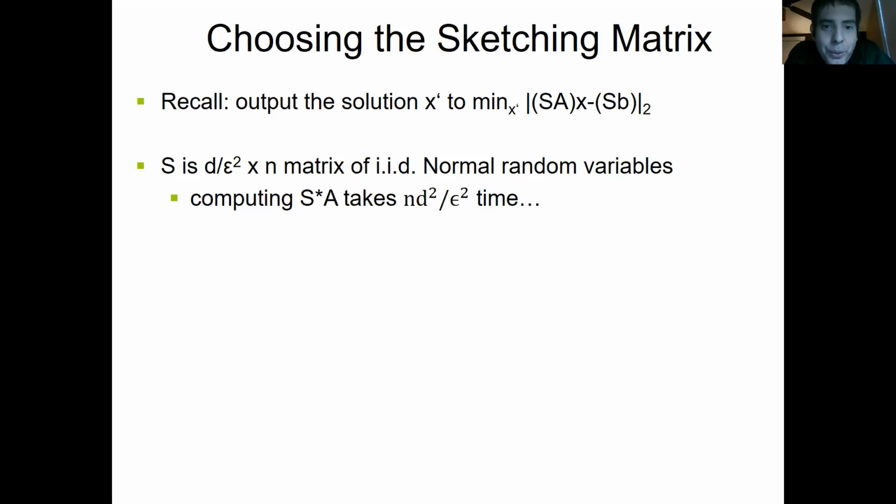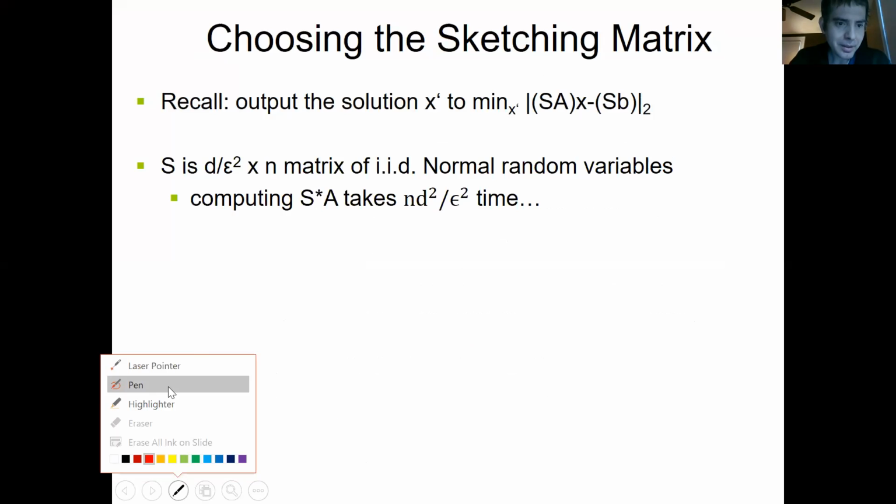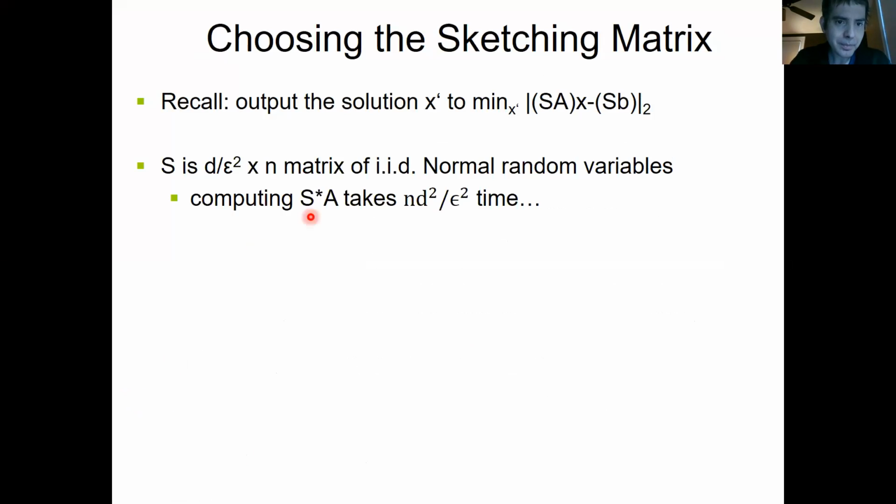Computing S times A is going to take, if S is k by n, actually, can I draw here? I don't see an annotate option here. Okay, well. There might have been a pen right underneath that, but it's okay. A pen here? Okay, but the usual annotate here in Zoom is missing, or am I missing something?